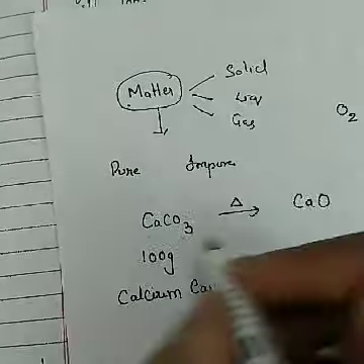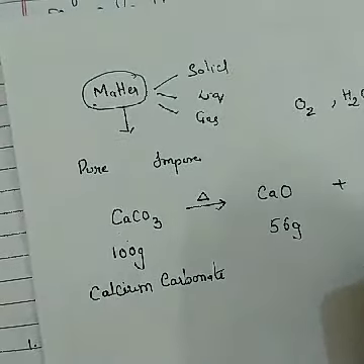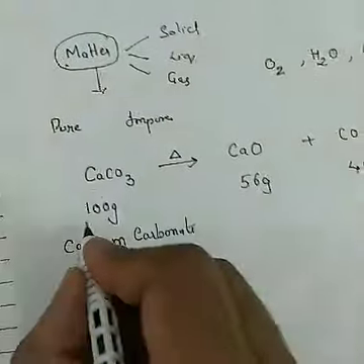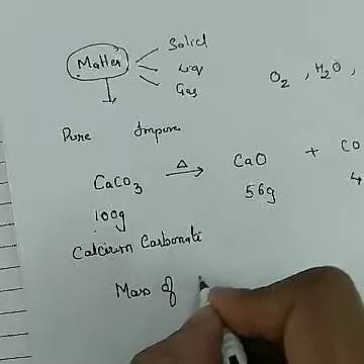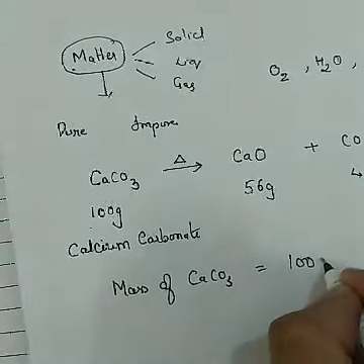100 grams of calcium carbonate you have taken and you will get 56 grams of calcium oxide and 44 grams of carbon dioxide. What is the mass of CaCO3 you have taken? 100 grams.